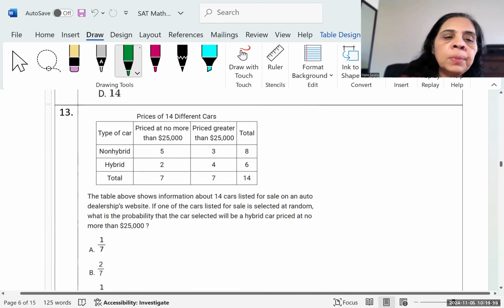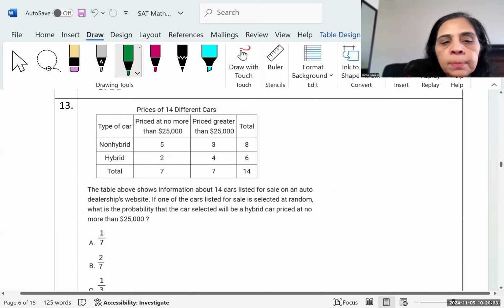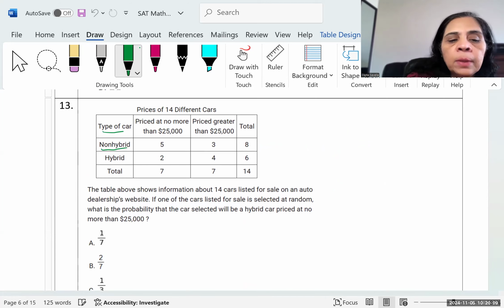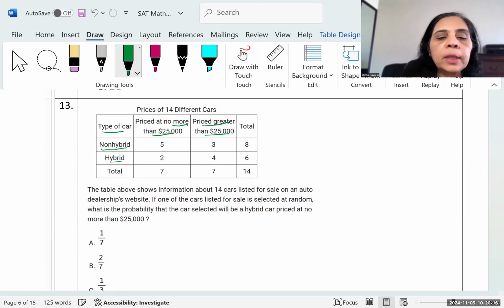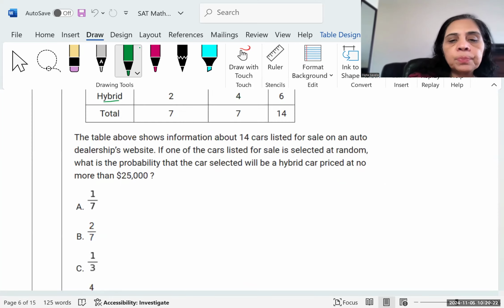All right, number 13. So we are given a table of prices of 14 different cars. We have types of car, non-hybrid, hybrid, and price at no more than 25,000, price greater than 25,000. So that is the information they give you. Now we need to find here the table above.